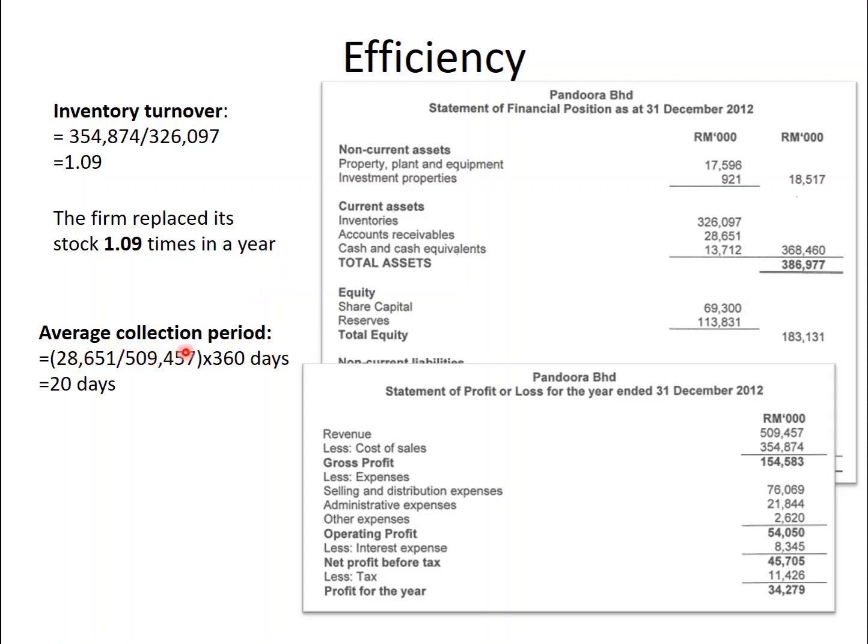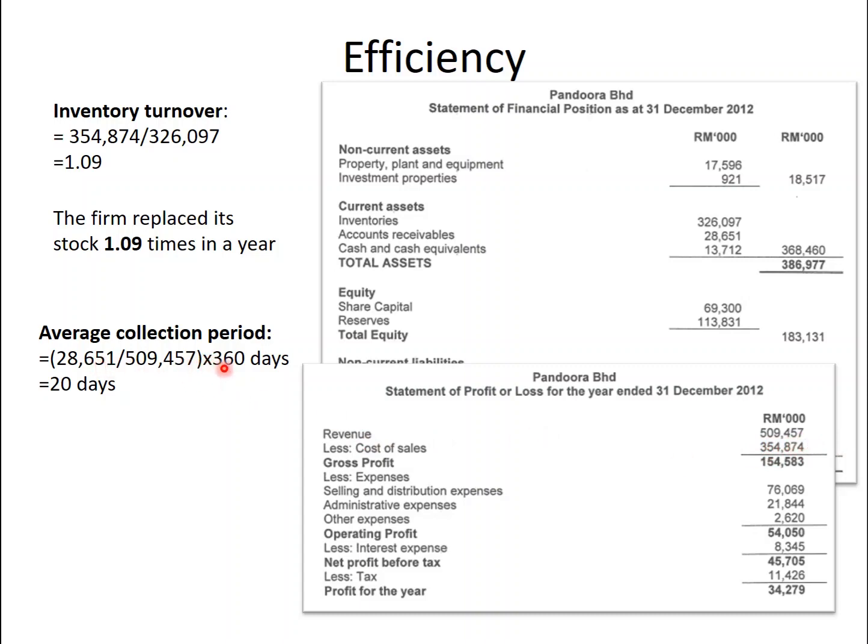Next is average collection period. The formula is accounts receivable divided by credit sales. So accounts receivable is 28,651, divided by credit sales. Since there is no information on credit or cash sales, we assume that all are credit sales, which is 509,457.